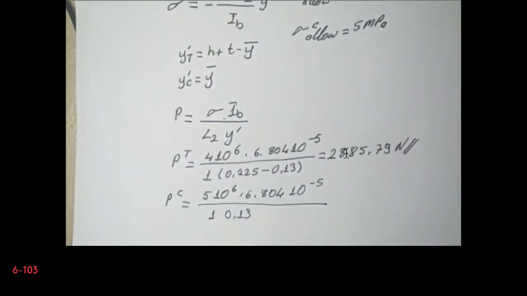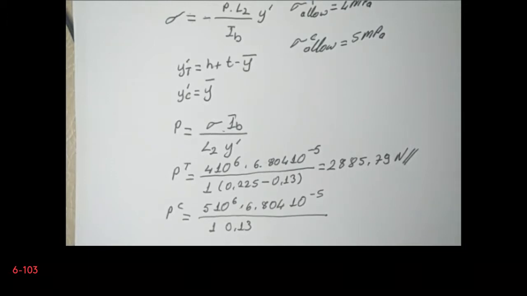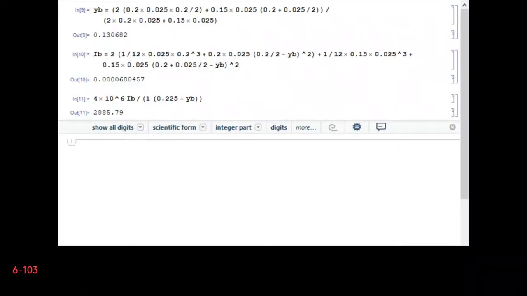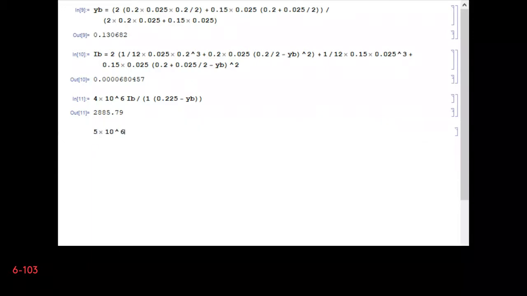And let's calculate it. So it is 10^6 multiplied by I bending divided by 0.13, so 1 multiplied by 0.13, or let's say y bar directly.